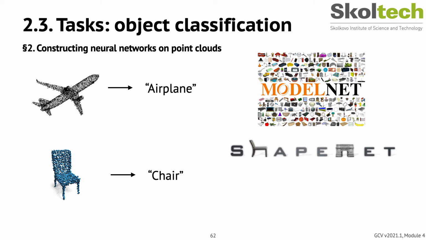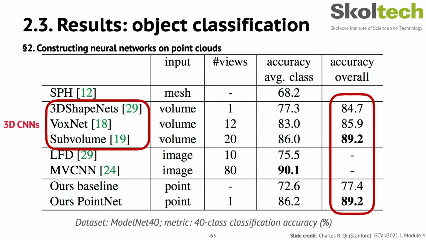Recently, large annotated 3D CAD model collections have been made available, such as ModelNet and ShapeNet collections containing hundreds of thousands or even millions of 3D CAD models. For object classification using point clouds, let us observe that the results one is able to get by training and evaluating on the ModelNet40 shape classification dataset using a PointNet architecture are actually superior to the ones obtained previously.